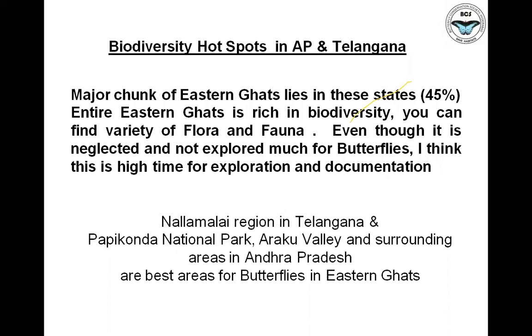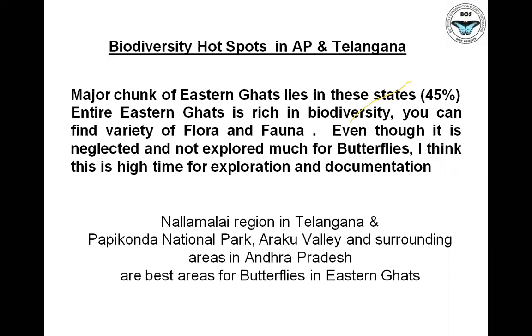Now coming to the biodiversity hotspots in Telangana and Andhra Pradesh. The major chunk of Eastern Ghats lies in these states, that is 45%. The entire Eastern Ghats is rich in biodiversity. You can find a variety of flora and fauna.